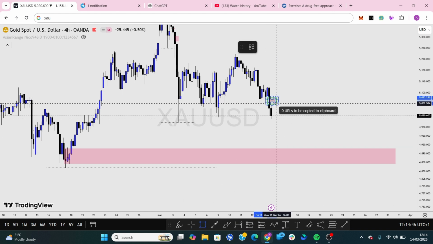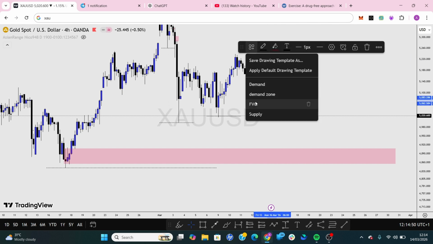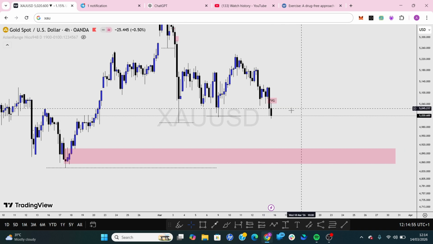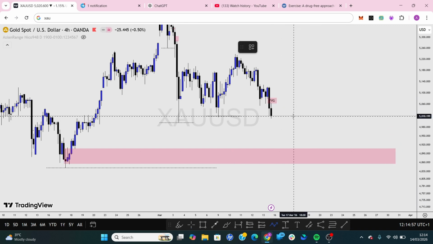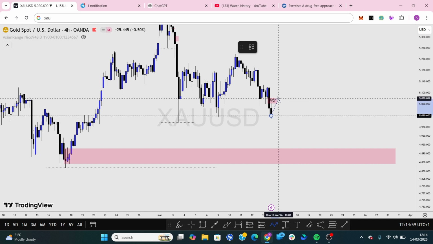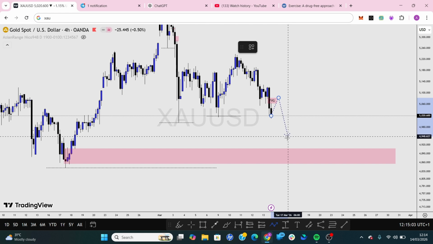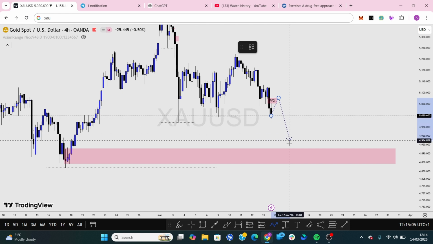You see this fair value gap. If I see gold moving towards this fair value gap, fill it and continue downward, I'll take a sell targeting this zone.